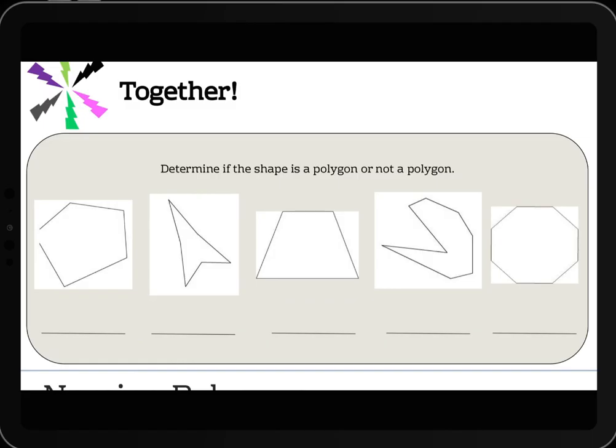So in this particular case, this one has an opening right here, which means it's not closed. So this is not a polygon because it has that gap right there. But if you look at the other 4, regardless of whether they're regular or irregular shapes, you can see that they are closed forms, and you can see the vertices of the respective figures.